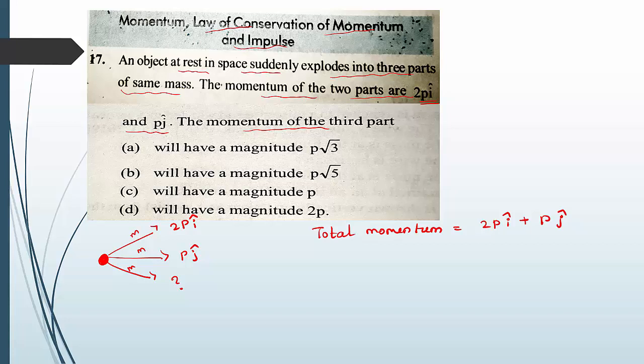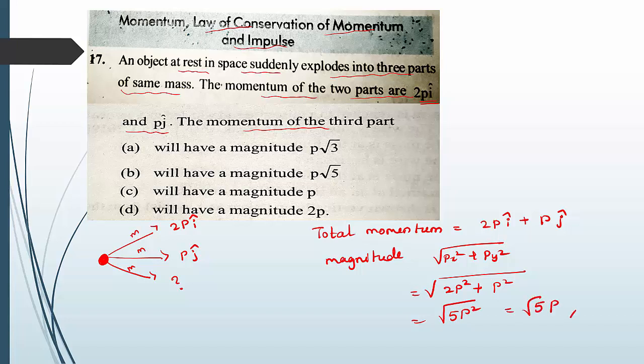Now I am going to write the magnitude. We know the formula: square root of px square plus py square, so we get 2p square plus p square. 2 square is 4, 4 plus 1 is 5. So 5p square, or we can write square root of 5 into p.